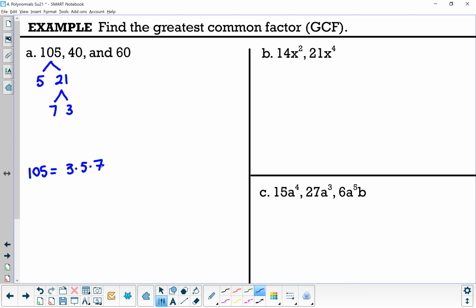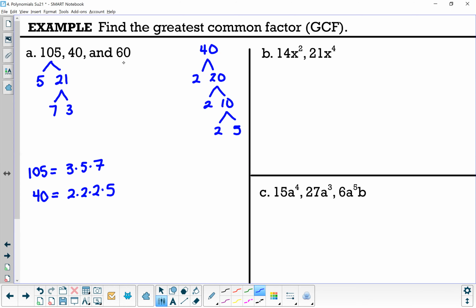All right, I'm going to do 40 off to the side. So we have 2 times 20 gives us 40. 2 times 10 gives us 20. And then 2 and 5 for 10. So our prime factorization for 40 is 2 times 2 times 2 times 5.